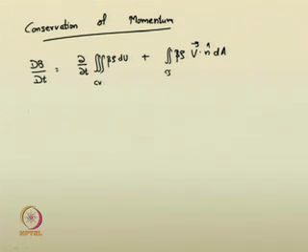Now, your extensive property B is equal to m into V actually. I can give it in the vectorial form also, it does not matter. Let us give it in the vectorial form in the beginning, later on we will take the magnitude. Therefore, your small beta will be equal to V. What does this mean if the Reynolds transport theorem is meant for the momentum principle?